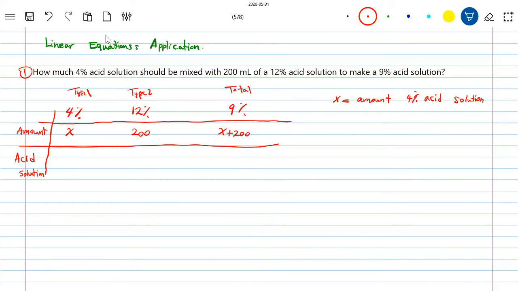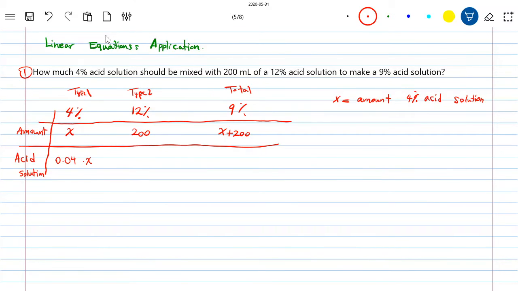Now, what is the equation that you create? You have a 9% acid solution. And how do you get that 9%? Through the mixture of the other two acid solutions. So the 4% acid solution, if you have x milliliters of acid solution, 4% of that is basically saying 4% is the same as 0.04, 4 divided by 100, multiplied by x.